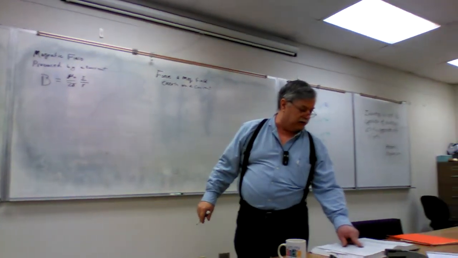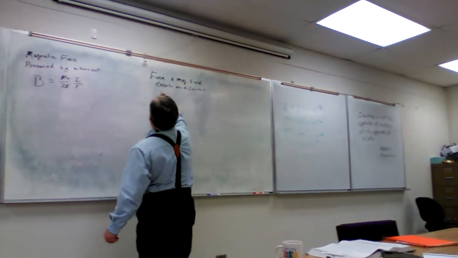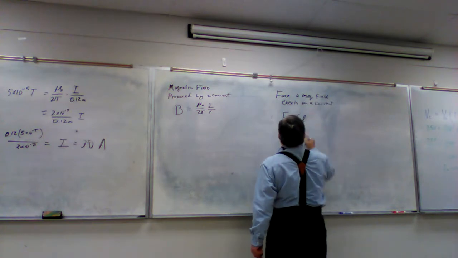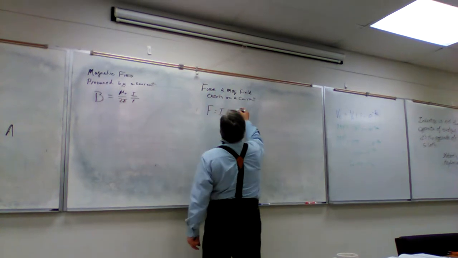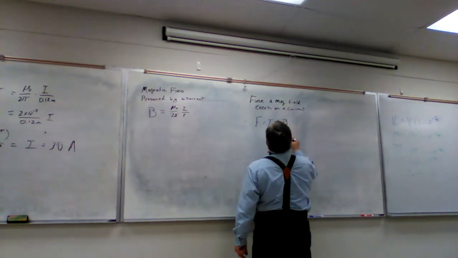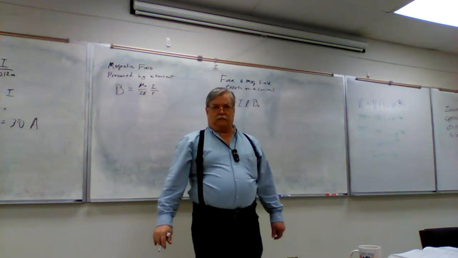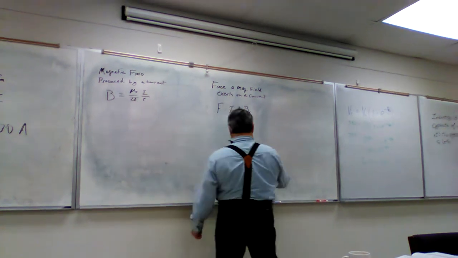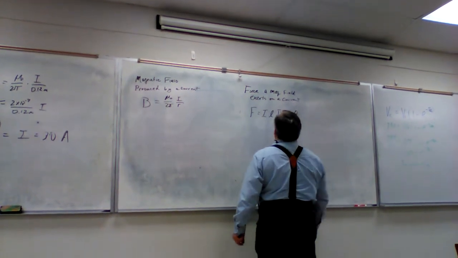And that force is I times L times B. The current times the length of wire that is exposed times the magnetic field that is perpendicular to the wire, or the perpendicular component. So we write that as a sine of theta.